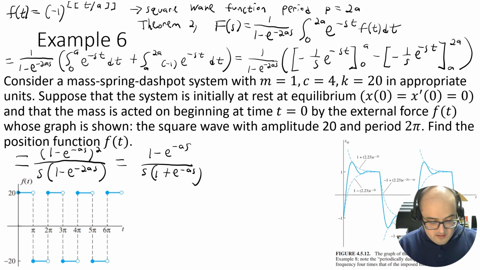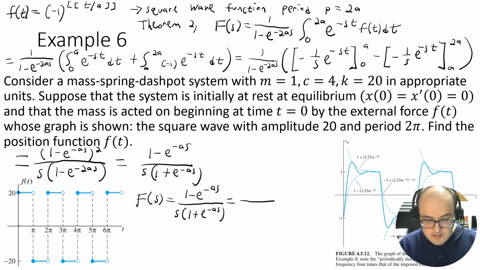So because of that, this capital F of s, again being what we just wrote, 1 minus e to the negative as divided by s times 1 plus e to the negative as, we could write that as e to the as over 2 minus e to the negative as over 2, divided by s times e to the as over 2 plus e to the negative as over 2.